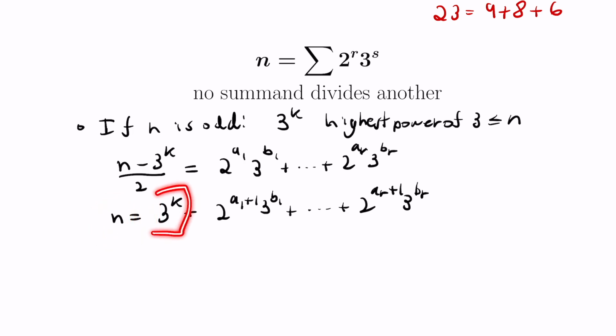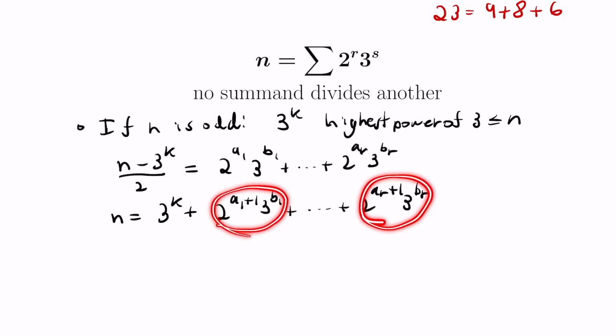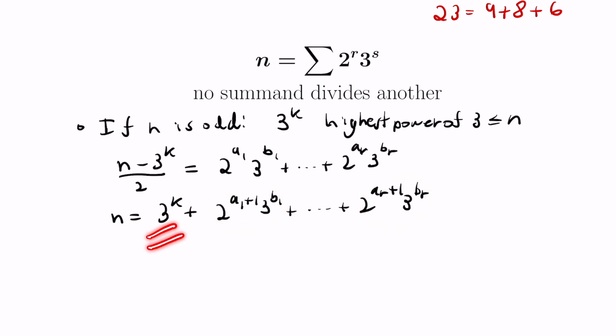And since this is a power of 3, it's odd, none of these divide each other at all, right? This can't divide any of these, because if this did divide one of these, then we would have, say, 2 to the a1 plus 1 times 3 to the b1, where this b1 is at least k.